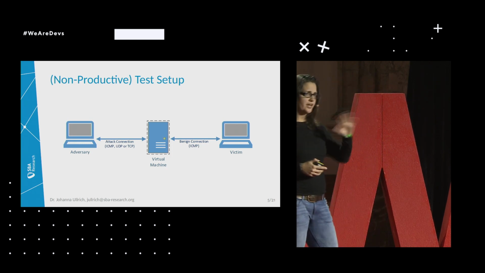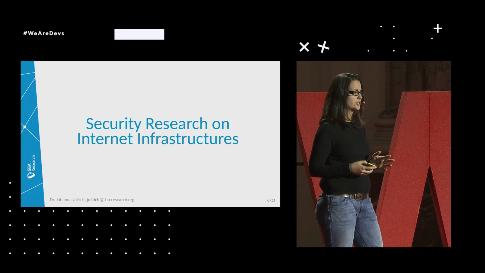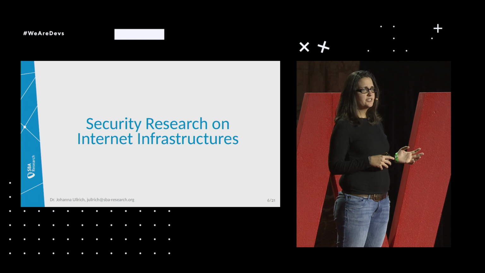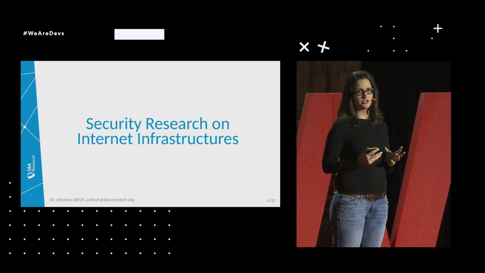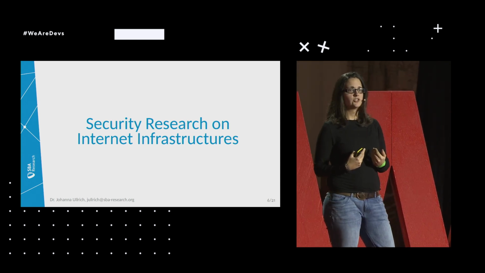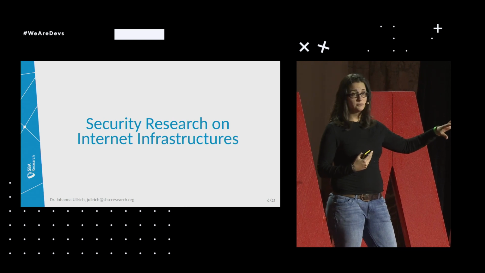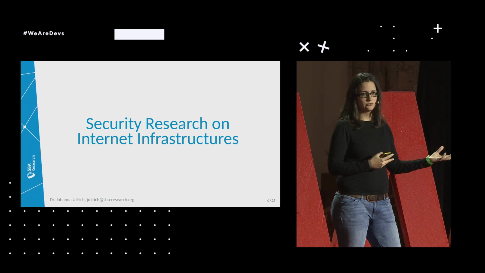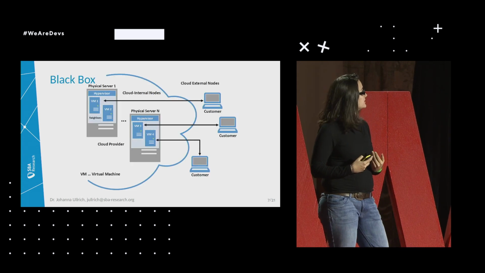This, however, has changed with the advent of large internet infrastructures, which are, for example, clouds. And the reason, therefore, is that such large internet infrastructures appear as a black box to the outside. So they appear as a black box to the customers, but they obviously appear also to attackers, and they also appear as a black box to us.